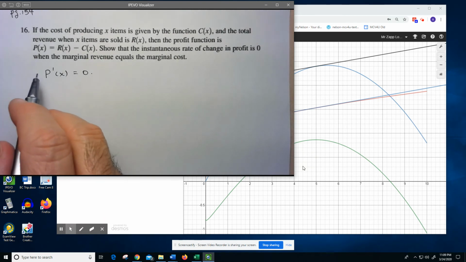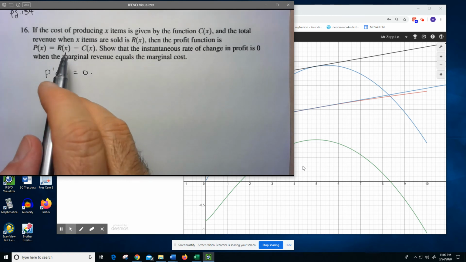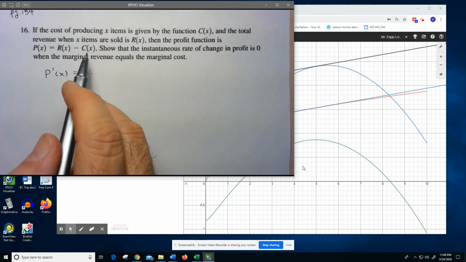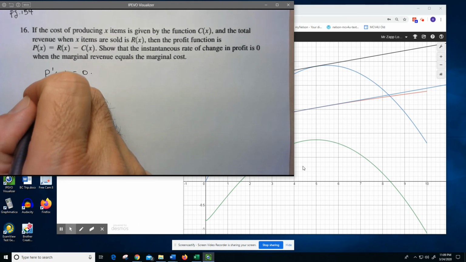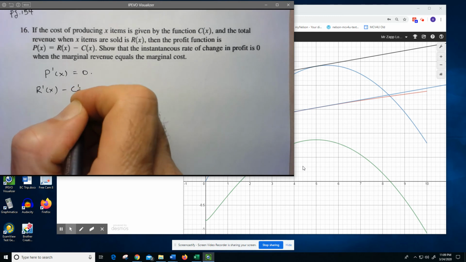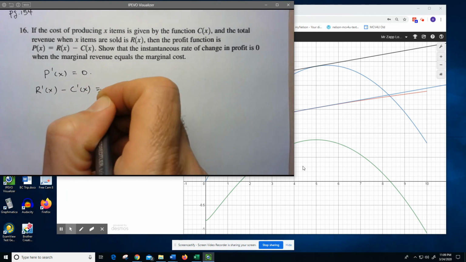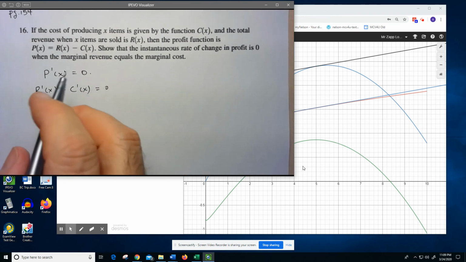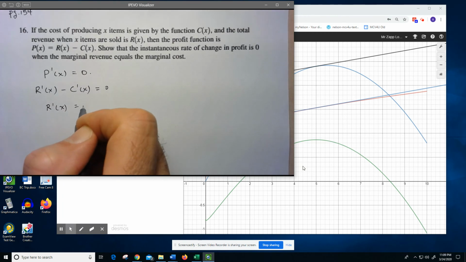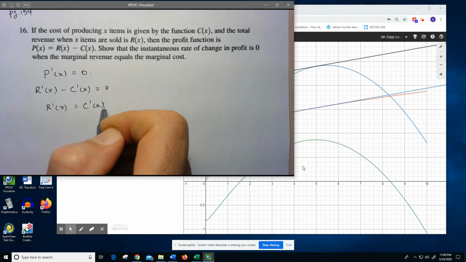But when we take the derivative of the profit function, remember, profit is just the subtraction of revenue and cost. So that's just going to be the derivative of the revenue function minus the derivative of the cost function, and I want to know when that's equal to 0. And look how easy this is. I realize that that occurs when r prime at x is equal to c prime at x.